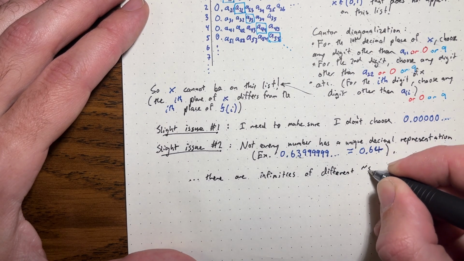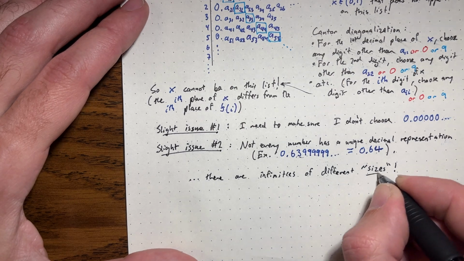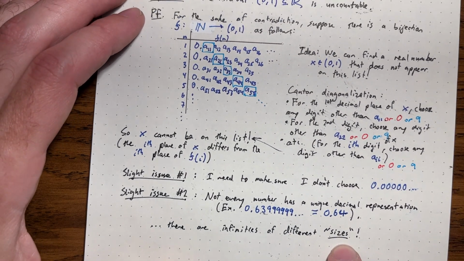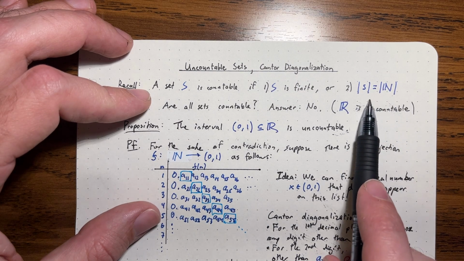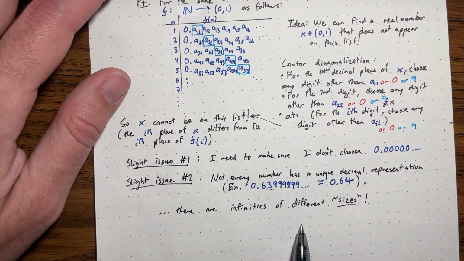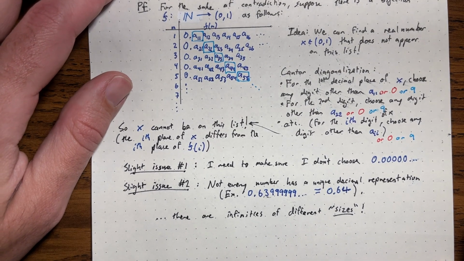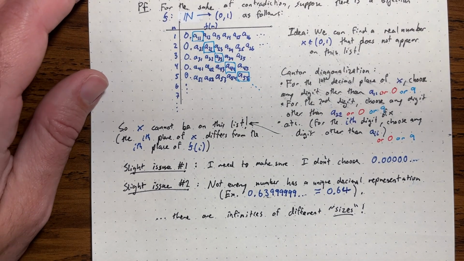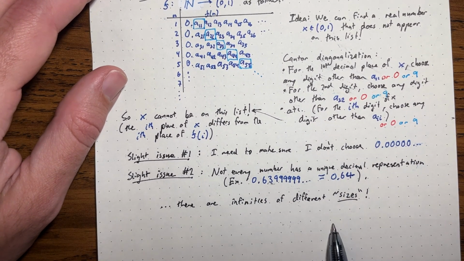I'll put sizes in quotations because this is often misinterpreted. So what exactly do we mean by sizes? Well, what we mean is in terms of the cardinality we defined, so bijections. That's how we compare sizes of infinities. Does one infinite set have a bijection with another one? If so, we say they're the same size. So that's exactly what we mean by sizes.